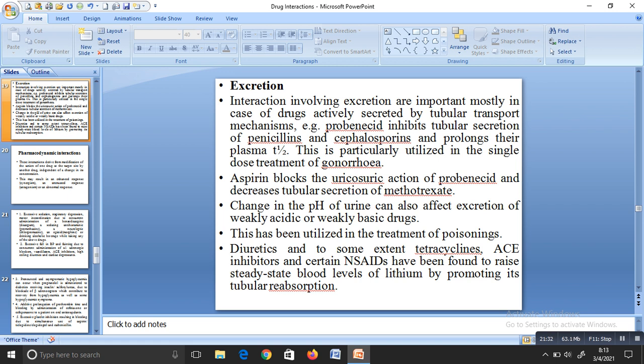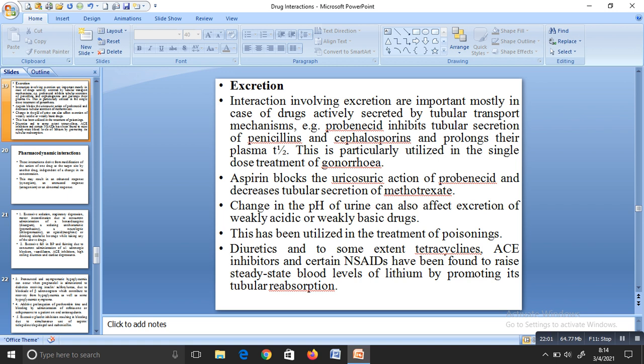Here, if you take probenecid, it will be inhibiting the tubular secretion of penicillin and cephalosporins. If the secretion is inhibited, the plasma concentration will be increased and bioavailability can be increased. So, this is a beneficial drug interaction.